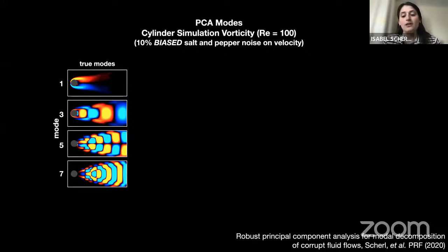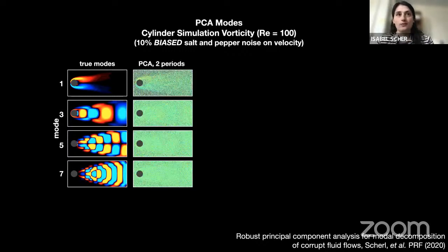If we do PCA on the data matrix with all of the noise, we get this. In the first mode, you could maybe argue that you can see the mean field a little bit, but really it's mostly incoherent. And this is just for 2 full cycles of vortex shedding.